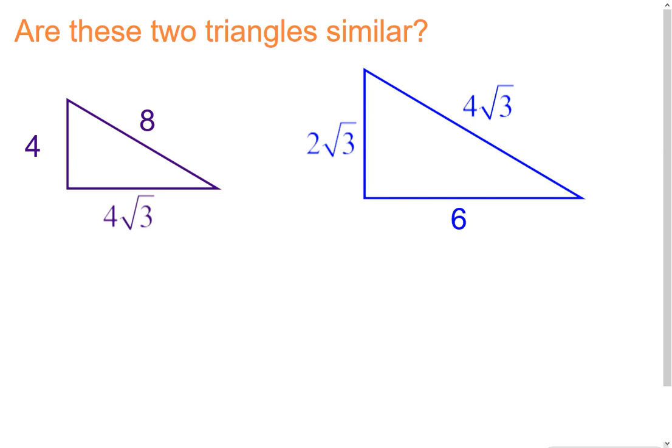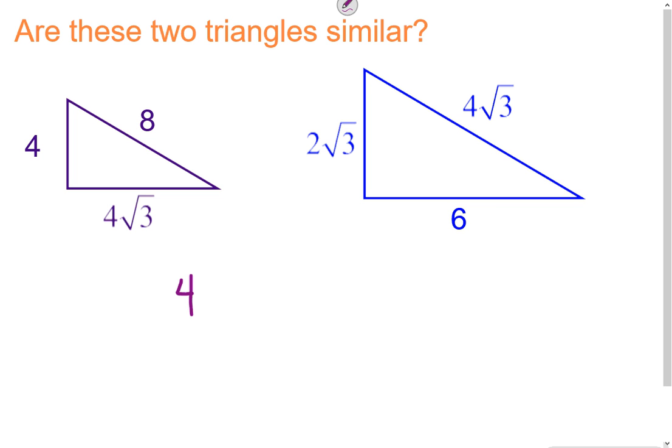And then I have one more here. This one, we know all the sides in our triangles. So I think back and go, well, now I'm going to use that other shortcut that said if all the sides are proportional, we would know that our triangles are similar. So what I'm going to do on this one is set up three ratios with my three sides. I'm going to start with the short side over here, which is 4.